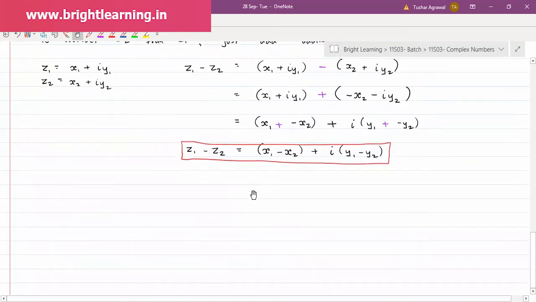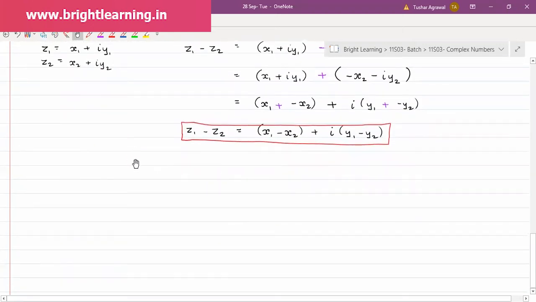Now in the set of real numbers, we know that if you pick up any two real numbers x1 and x2 and do the subtraction, the answer belongs to real numbers only. If you pick up any two real numbers y1 and y2 and perform the subtraction, the answer belongs to real numbers only.